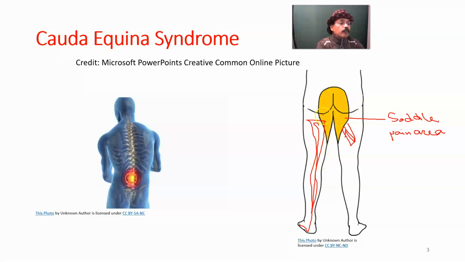Here the iliopsoas muscle may be weak, and sensory innervation may be lost in this area. The ankle jerk may be lost because of an S1 lesion. So depending on the situation, we go from there.